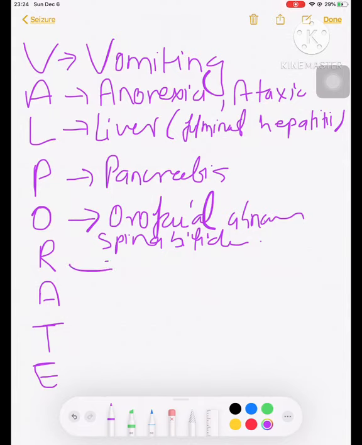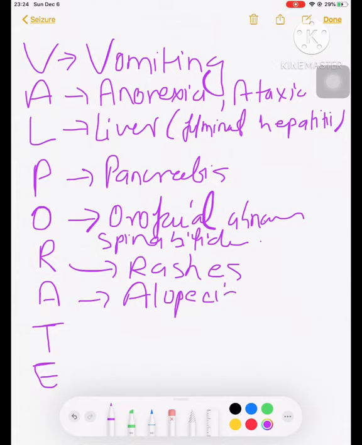R is for rashes. A is for alopecia, that is, a decrease in the amount of hair or increased hair fall. Remember, phenytoin causes hirsutism, and valproic acid causes alopecia. T is for teratogenicity, or you can also say thrombocytopenia.